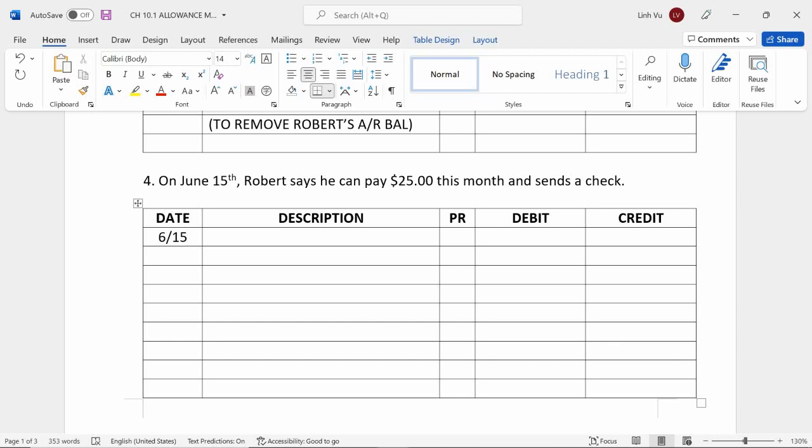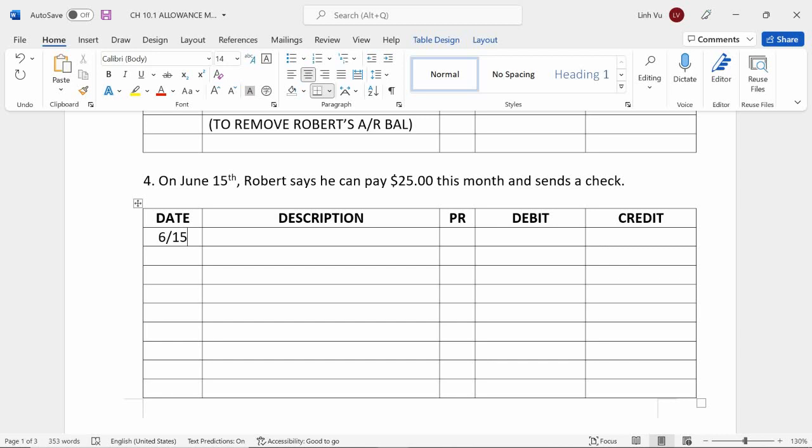In this case, we're ignoring that. So now we're gonna minus another $25. What is the transaction at hand right now? Not accounts payable, because he paid us. Then check. Receivable.